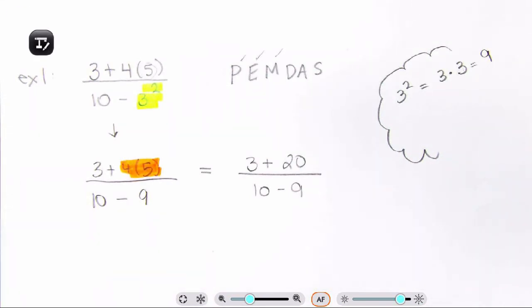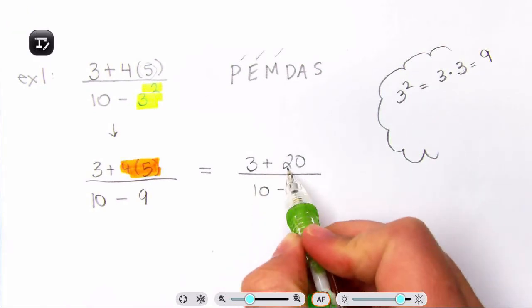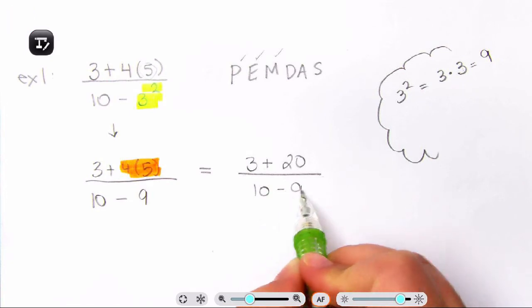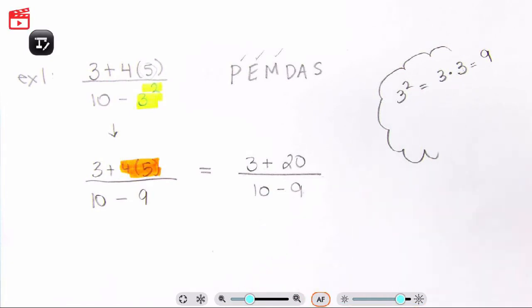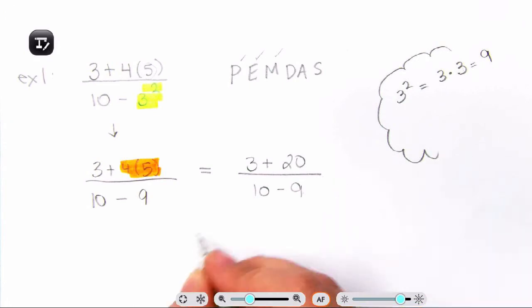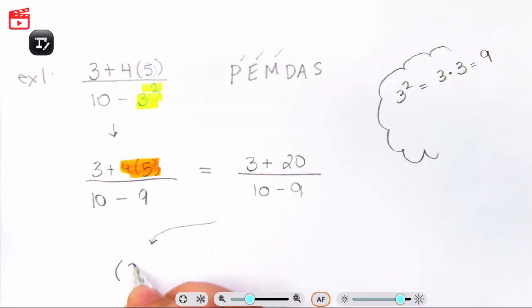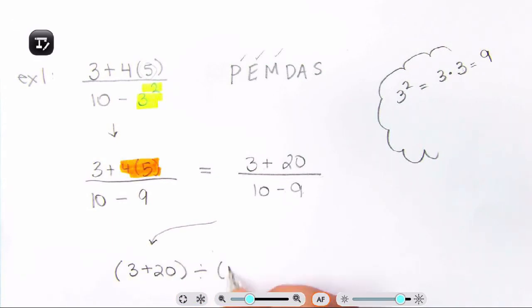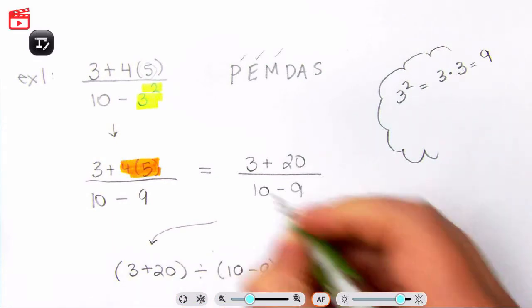Next step is division. Do I have any division? Yes, I do, because this says 3 plus 20 divided by 10 minus 9. However, this is not in its simplest form. So I'm going to rewrite this, kind of like this: 3 plus 20 divided by 10 minus 9. These are groupings.